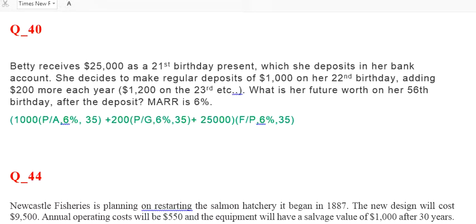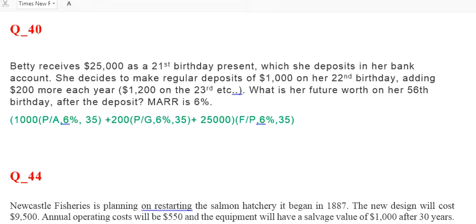Question 40. Betty received $25,000 as a 21st birthday present, which she deposited in her bank account. She decides to make regular deposits of $1,000 on the 22nd birthday, adding $200 more each year, like $1,200 on the 23rd, and so on. What is her future worth on her 56th birthday after the deposit? And the MARR is 6%.